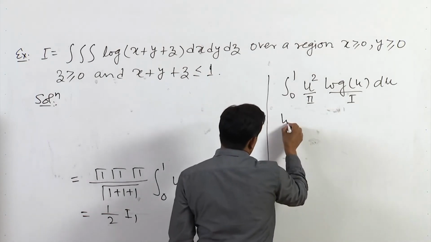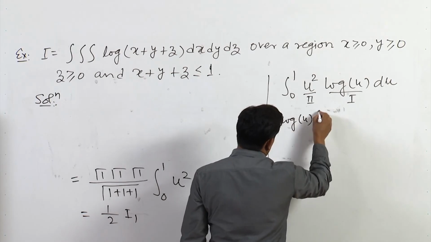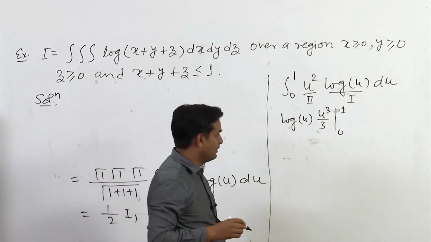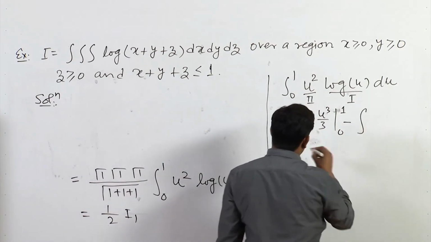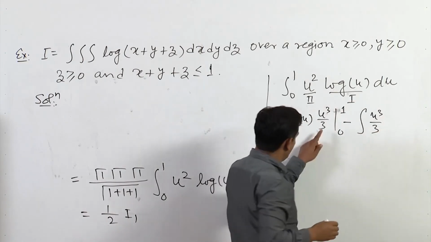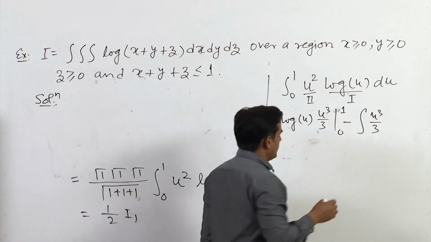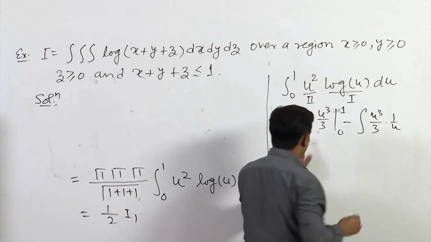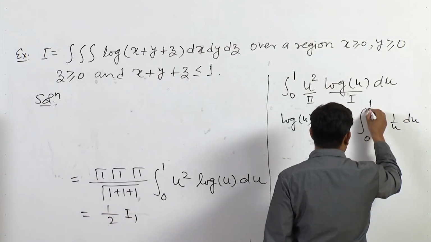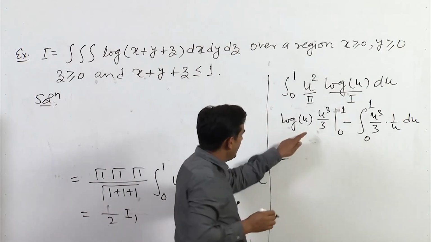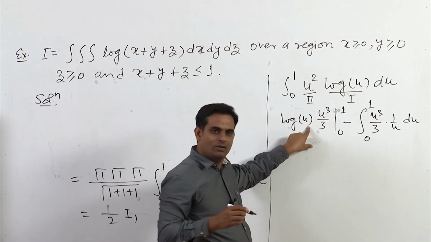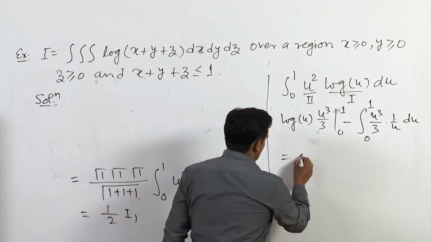So, it will be log u as such, into u cubed by 3, limit 0 to 1, minus integral of u cubed by 3, that is the integration of second into differentiation of first. So, log u will become 1 by u, the differentiation of log u, du, 0 to 1. So, when I am putting 1, log 1 is 0. When I am putting 0, by L'Hospital rule, it will come out 0. So, this term is basically 0.